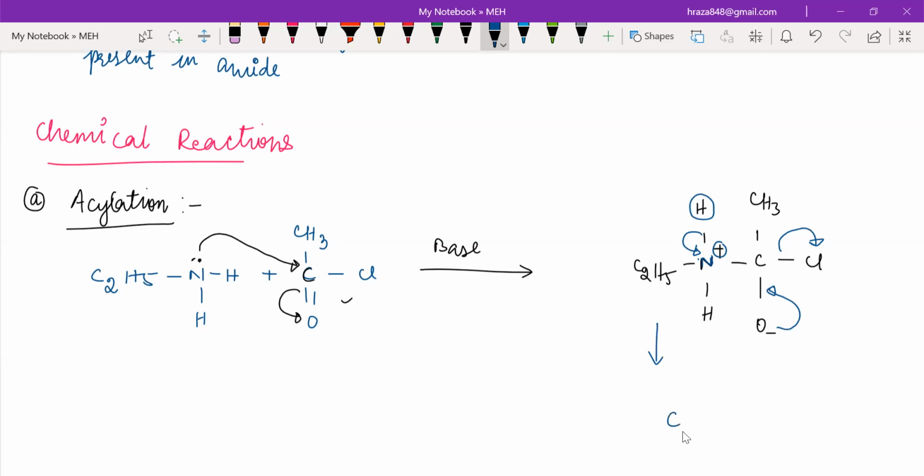See, this C, and then there is a double bond O, because the electron that oxygen had taken, it gives again to the carbon and makes a double bond, and this CH3 I'm going to write on the right hand side, and then you can see NH. Hydrogen took electron from nitrogen, so it neutralizes itself, and this is what you have got, amide. Is that clear? And its name is N-ethyl ethanamide.